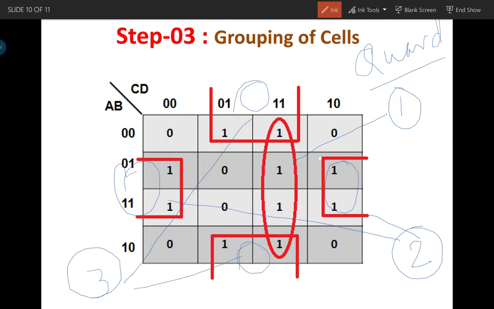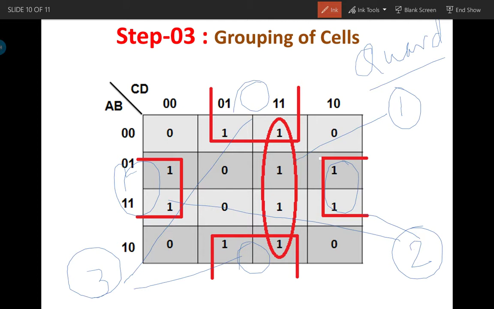One group covers the 4 ones, the second group covers 4 ones and the third group also covers 4 ones. Now one thing you will look at here, you can combine group number 2 and 3 as a single group, right? So that is also possible, but here I will keep them separate.